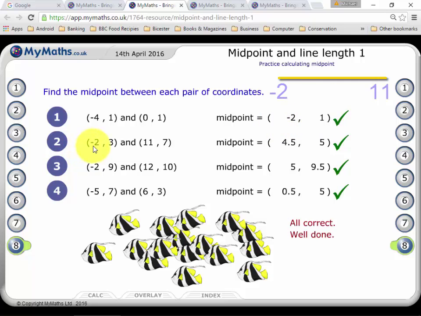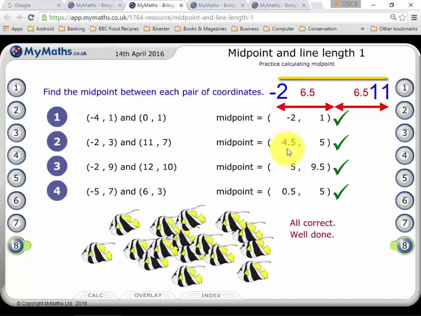Now with the minus 2 and the plus 11, the difference between those two numbers is 13. And half of 13 is 6.5. So we've got to be 6.5 from plus 11 and 6.5 from minus 2. If you go 6.5 away from minus 2, you'll end up on plus 4.5.